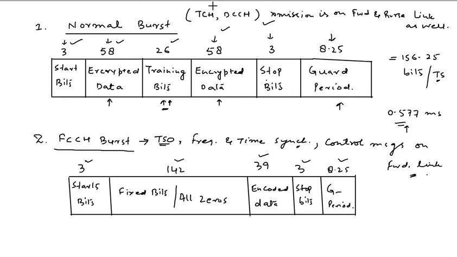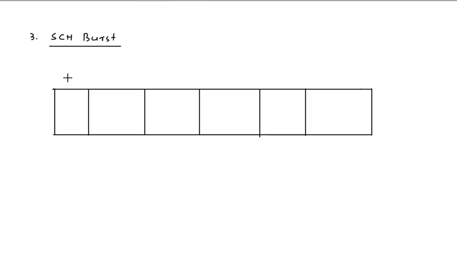Next we have to study the SCH burst. In the SCH burst we have 6 different fields. As usual we have 3 bits, your start bits. Then we have 39 bits, your encrypted data. Then we have 64 bits, the trailing bits.